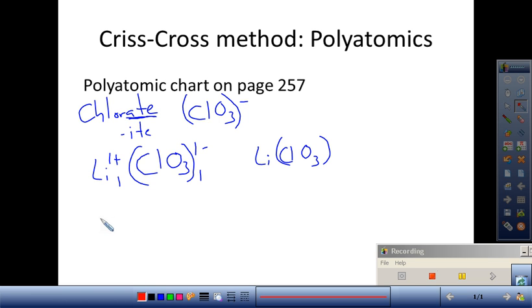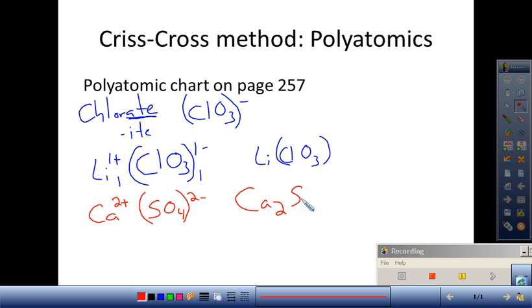What if we have some calcium and some sulfate? If we look up sulfate, there's the formula. It tells us the charge. Calcium is group 2, so its charge is 2. Now I'm going to crisscross the charge. This 2 goes down there.